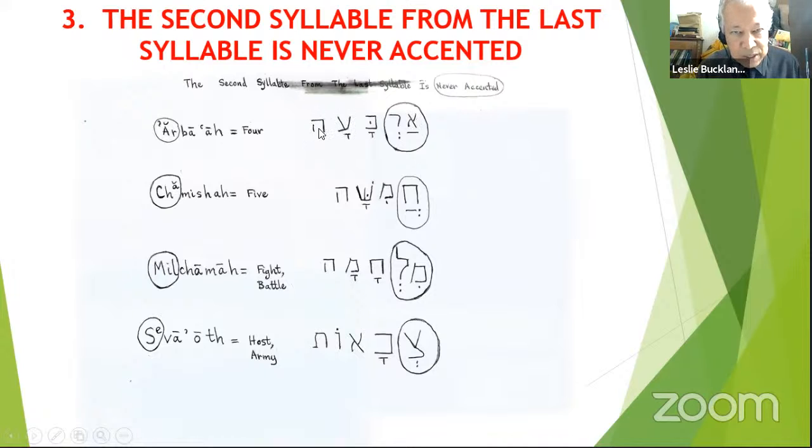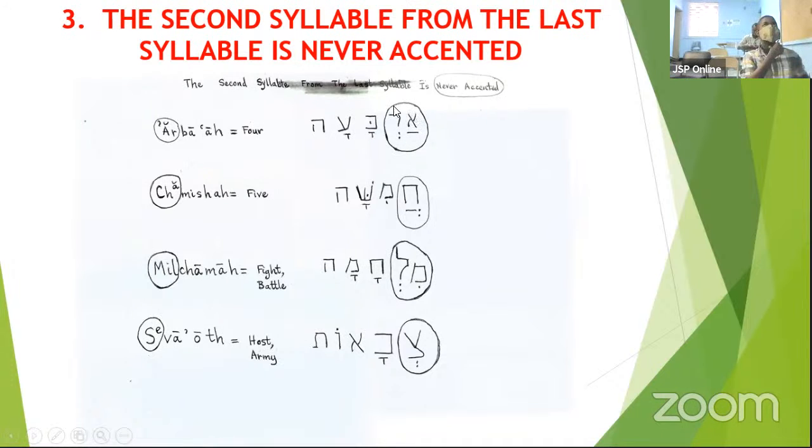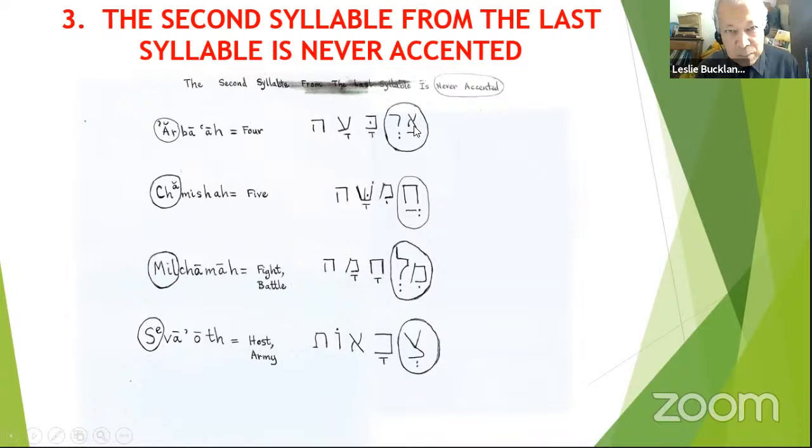The last syllable is here, and the first syllable from the last syllable is ba, and the second syllable from the last syllable is ar, which means that in this word of 3 syllables, ar cannot be accented. Under no circumstance can this syllable, which is 2 syllables away from the last syllable, be accented.